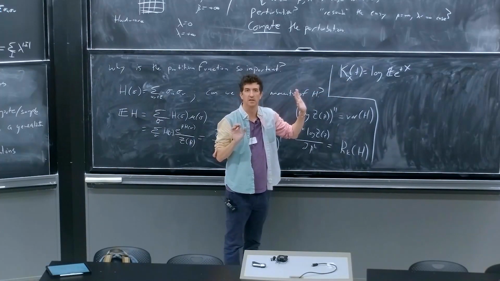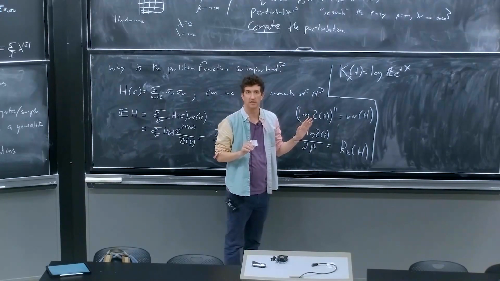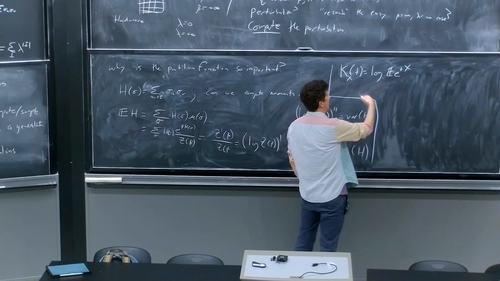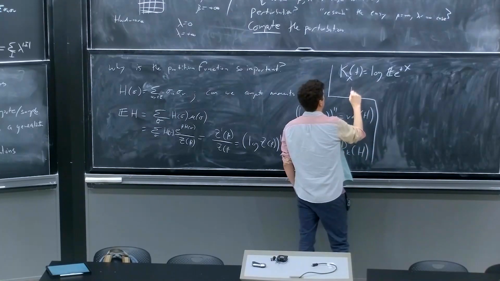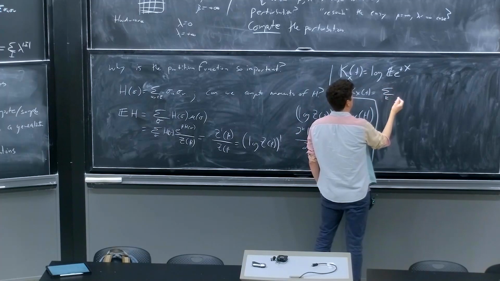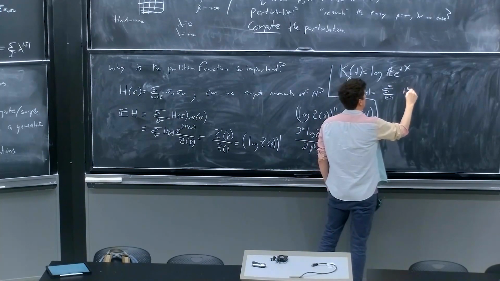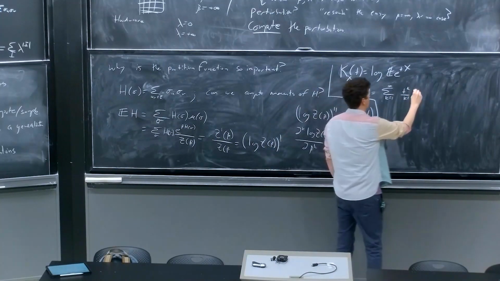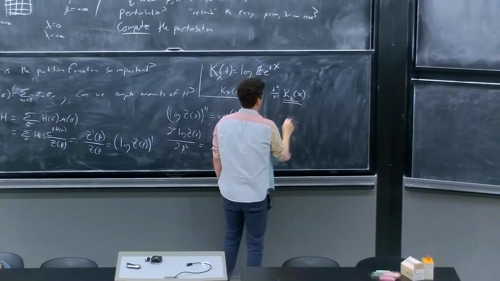All it is is the logarithm of the moment generating function. And then we can Taylor expand this around t equals 0. K_X(t) is the sum from k equals 1 to infinity of t^k over k factorial times some coefficients, and the coefficients are the cumulants.